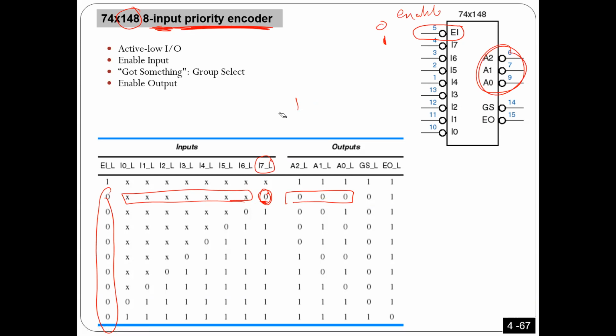This one is number 0, so I have to see 1 1 1, but because it's inverted, I'm going to see 0 0 0. You got what I'm saying? Everything is inverted.